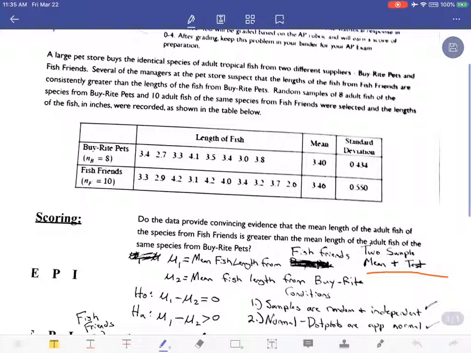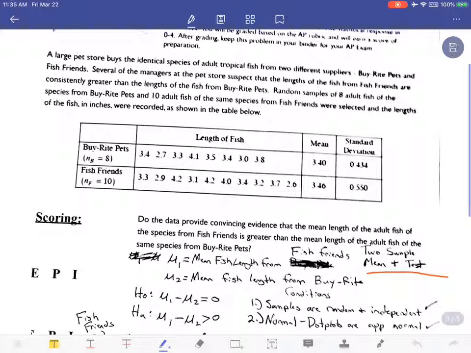Do the data provide convincing evidence that the mean length of adult fish from Fish Friends is greater than Buy Rights? So if we're trying to do a greater than test, and Fish Friends needs to be greater than Buy Rights, we subtract those two numbers, then we want to get a greater than sign, greater than 0.